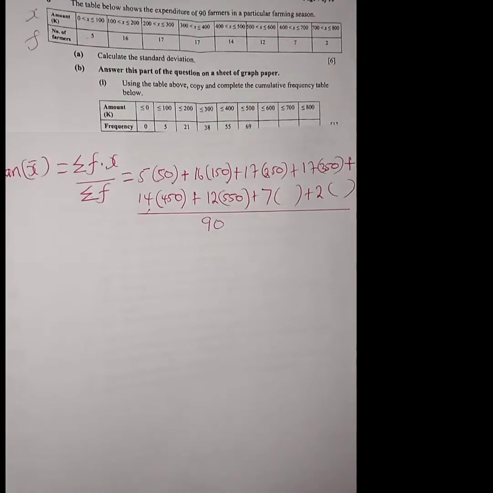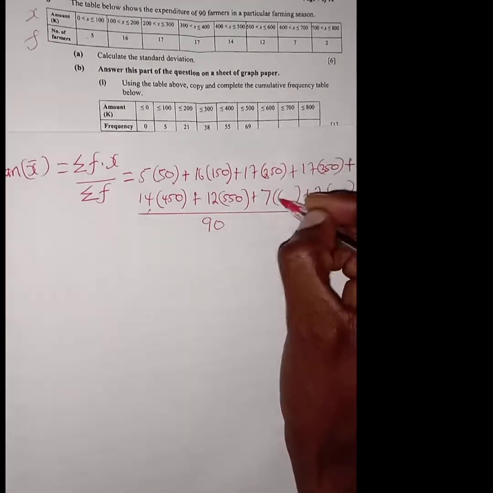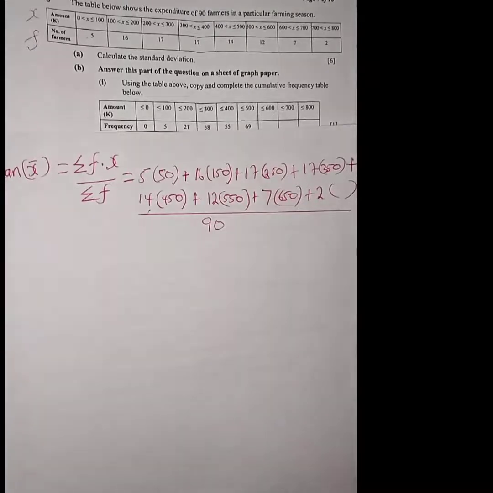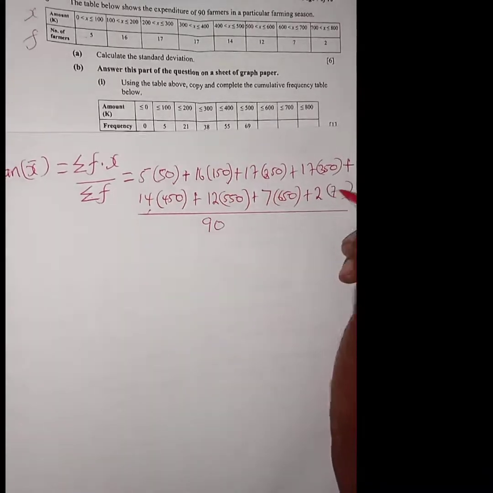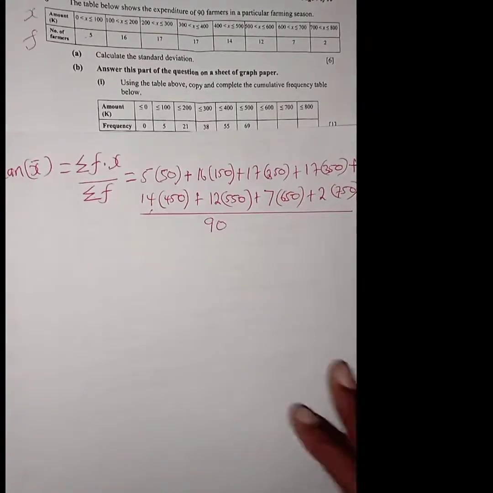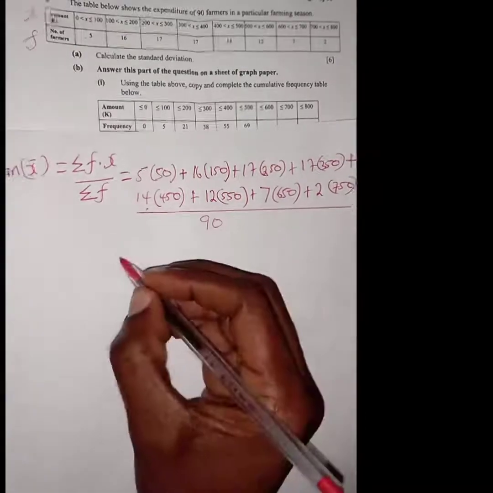Next, you have 600 plus 700, you get 1300, divided by 2, you get 650. Next, you have 700 plus 800, you get 1500, divided by 2, you get 750. You see that?